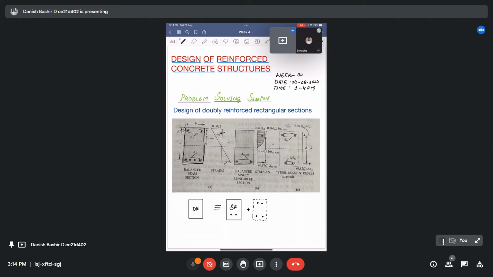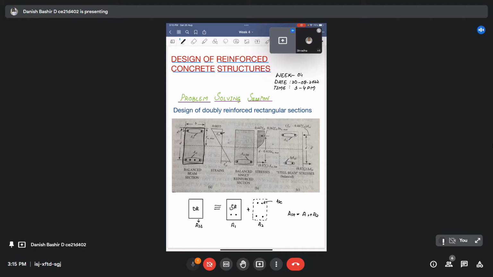So from the total AST that I have provided, I give some part of it here, A1, and some here, A2. What I said is that I distributed AST between two parts, A1 plus A2, and ASC is already there. You can see in this figure, one AST is given here, and another is delta AST. I will let you know what this is, and ASC is at the top.